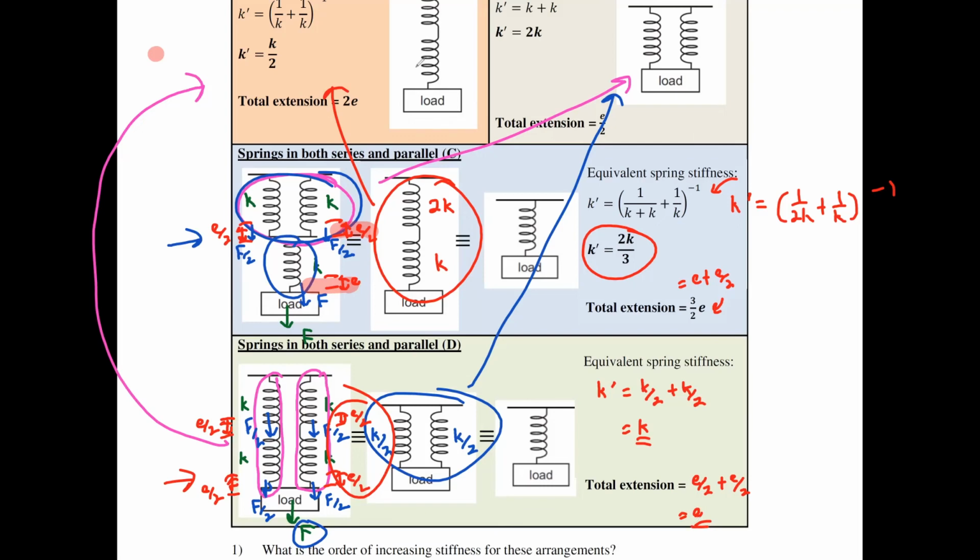Now you can actually do it another way also. Rather than basing your analysis on the diagram on the left, you can also base your analysis on the diagram on the right, this one. This one might be easier for you to see. You see, if I tell you that this one is force F, this one will be F over 2.